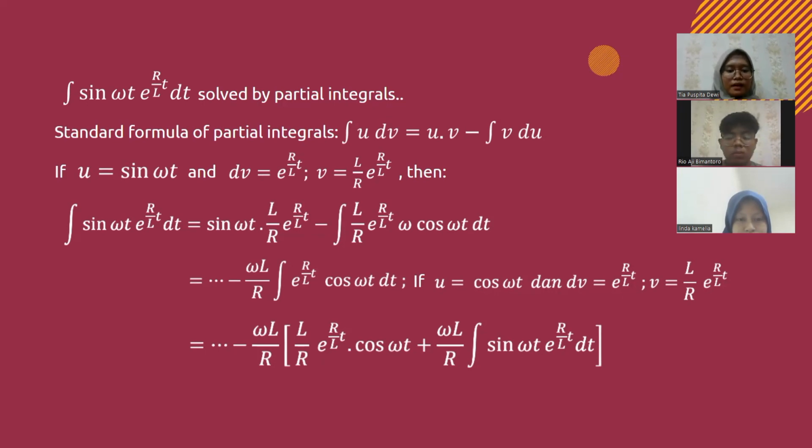Then we get L over R e to the power R over L t sin omega t minus omega L over R times L over R times e to the power R over L t times cos omega t, plus omega L over R times the integral of sin omega t e to the power R over L t dt.